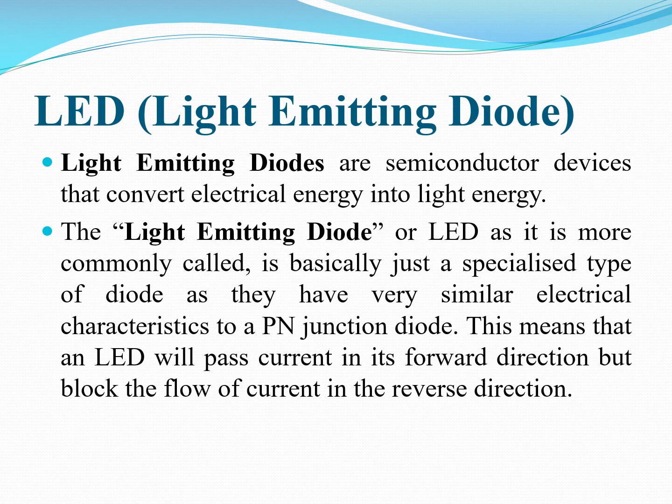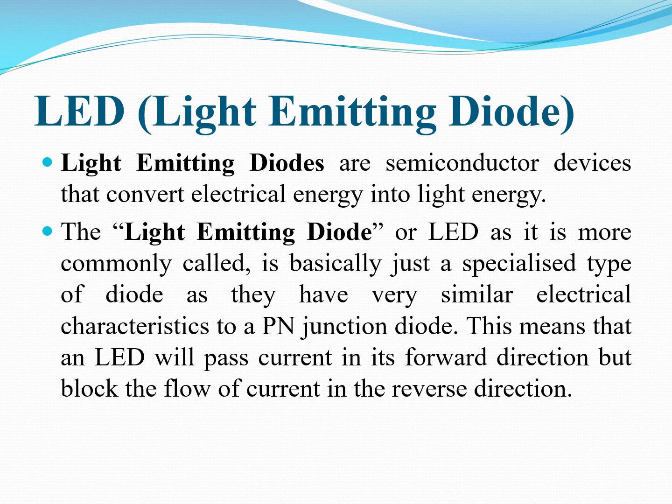Now next is the LED, light emitting diode. As its name shows, it emits light. It takes electrical energy and converts it into light energy. The light emitting diode, as it is more commonly called, is basically just a specialized type of diode, as it has very similar electrical characteristics to a PN junction diode.